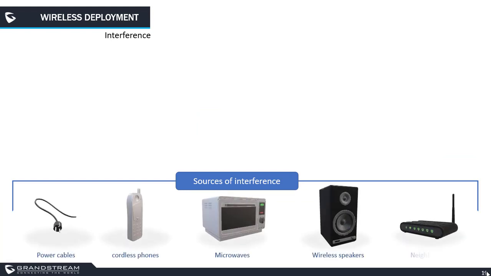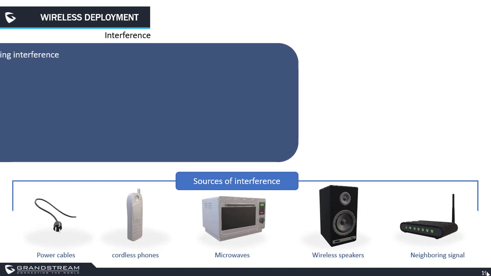So another topic in the wireless environment is interference, and there are many devices that can cause interference in your wireless network. This ranges from power cables, cordless phones, microwaves, wireless speakers, to neighboring signals from other routers in the same area.